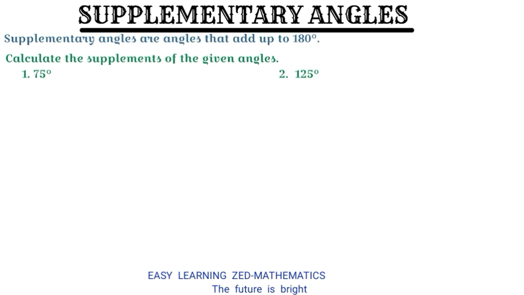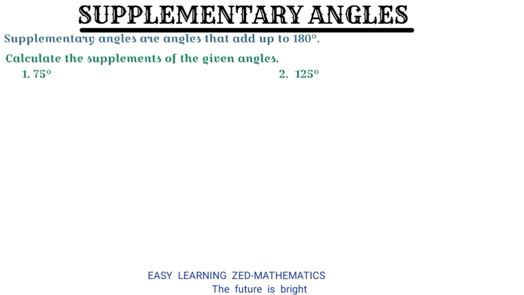So we need to find in question 1 the supplement of 75 degrees. We need to find the angle that we can add to 75 degrees in order to get 180 degrees.